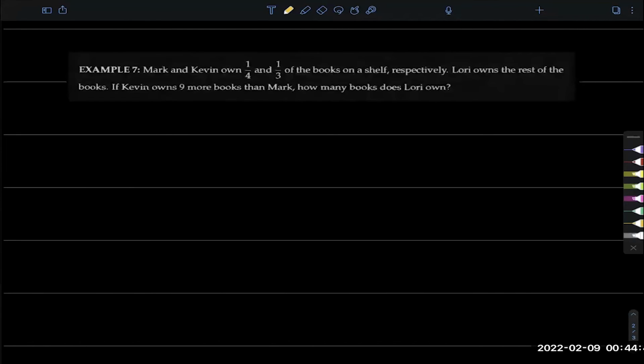So sir, it will be 1/4 plus 1/3 plus x plus 9. Let me say that the total number is x. So Mark owns 1/4 of x, and Kevin owns 1/3 of x. Okay, and then they're saying Kevin has 9 more books, which means if I subtract Mark's books from Kevin's books, I get 9.